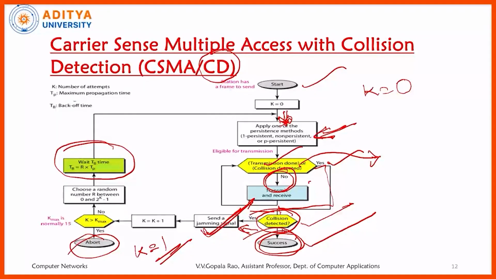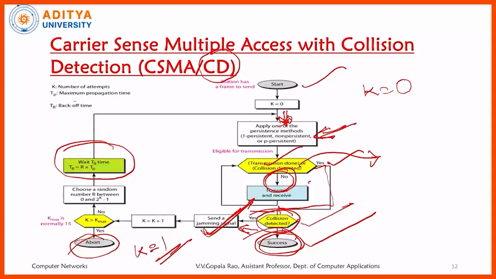So that is why in this case of carrier sense multiple access, we are using persistence methods, and also we are using one more step called collision detection, where we notice whether there is a collision or not. Already I mentioned that this particular process is related to CSMA/CD, collision detection.